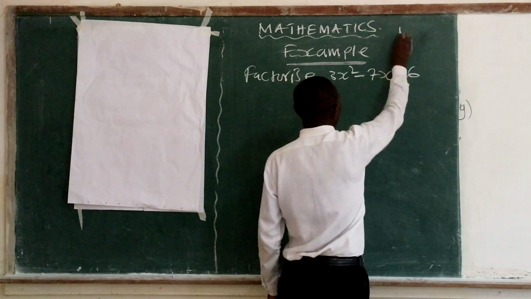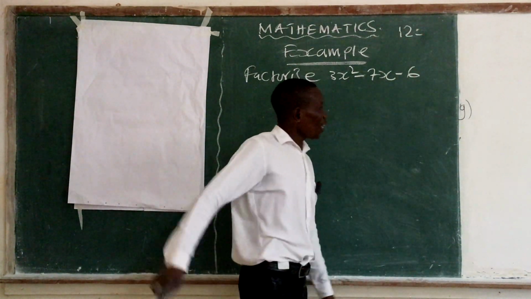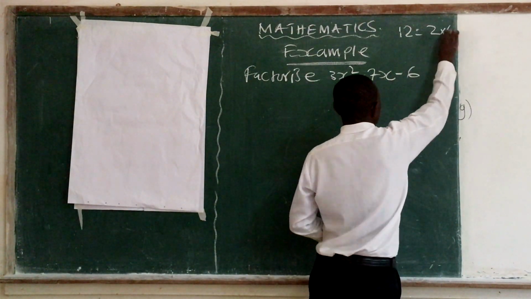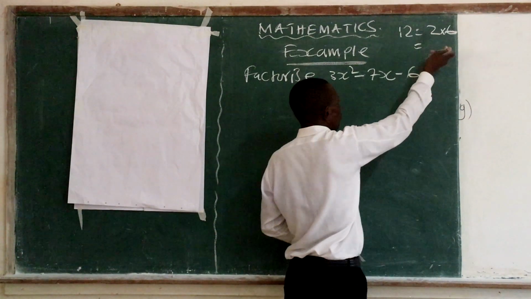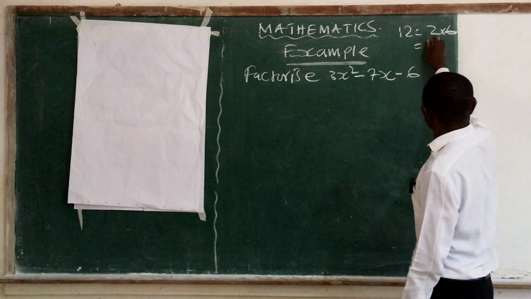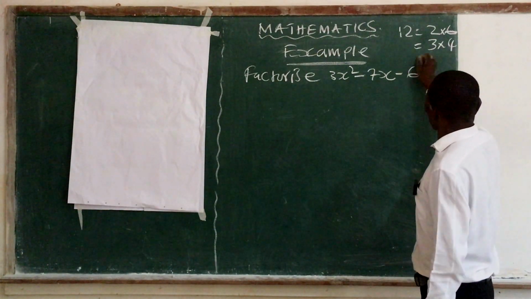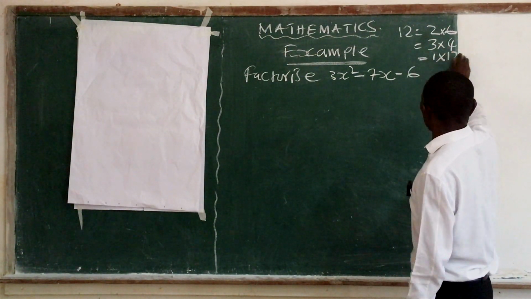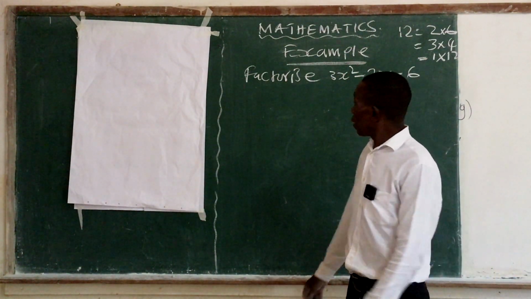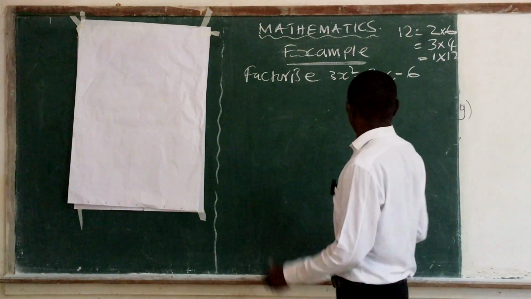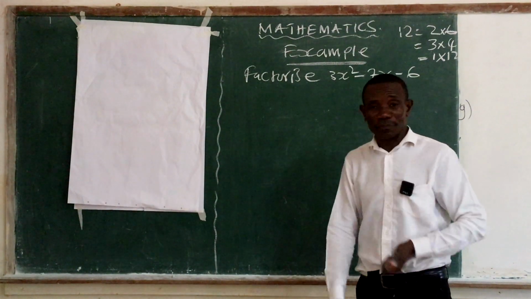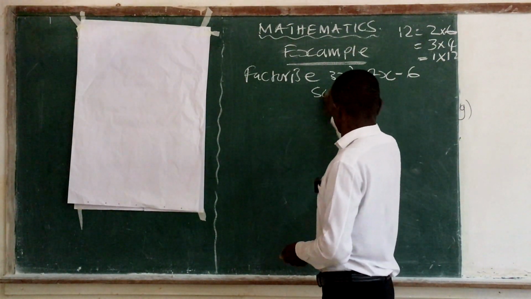For example, I've got 12, find the factors of 12: 2 multiplied by 6, or 3 times 4, and you can even have 1 times 12. But this one is not easy to predict that way. So we are now going to discuss how we can find the factors of such types of expressions.